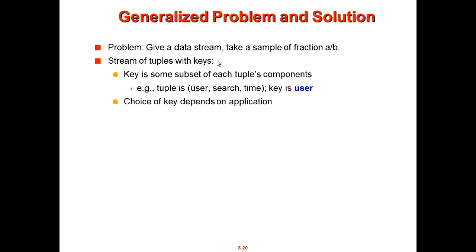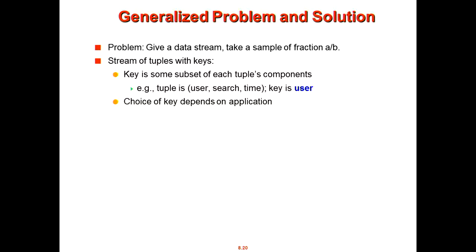In general, this problem is like this. Given a data stream, your task is to take a sample of fraction A divided by B of the stream of tuples with keys. A key is some subset of the tuple's components.